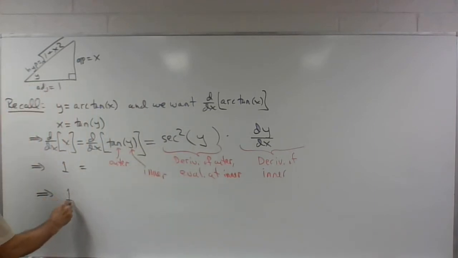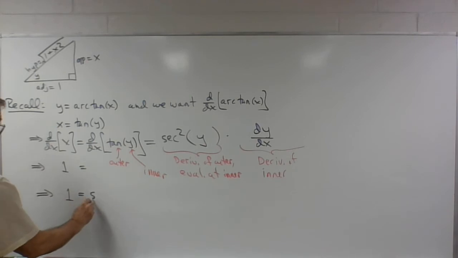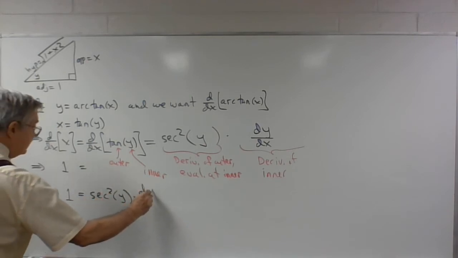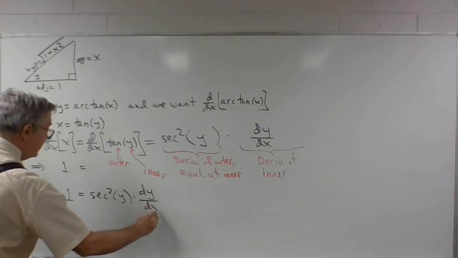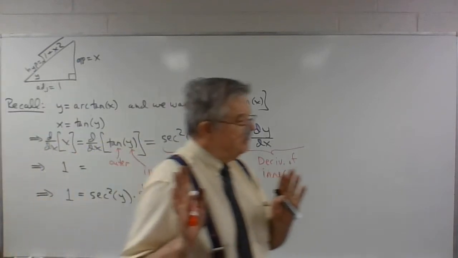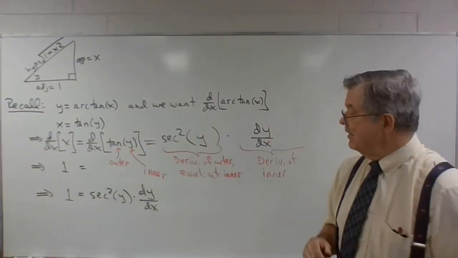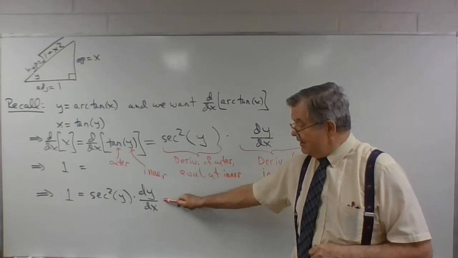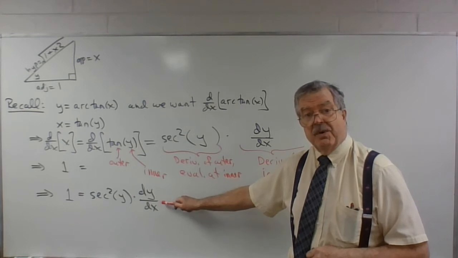This gives us 1 equals secant squared y times dy dx. And we look at that. Hey, we're a quick study. We know what it is we're looking at here. Dy dx, this is what we want.